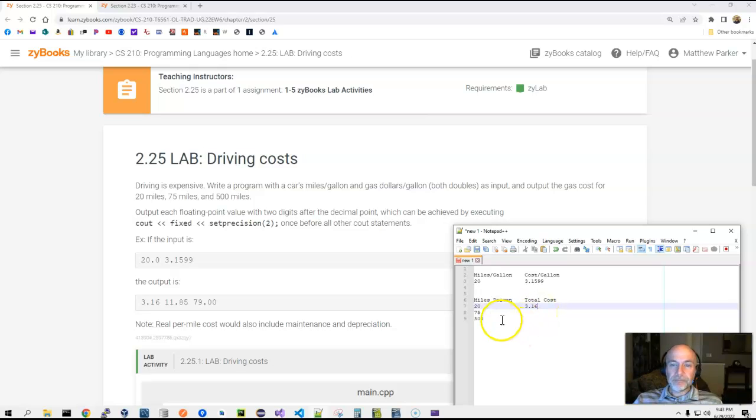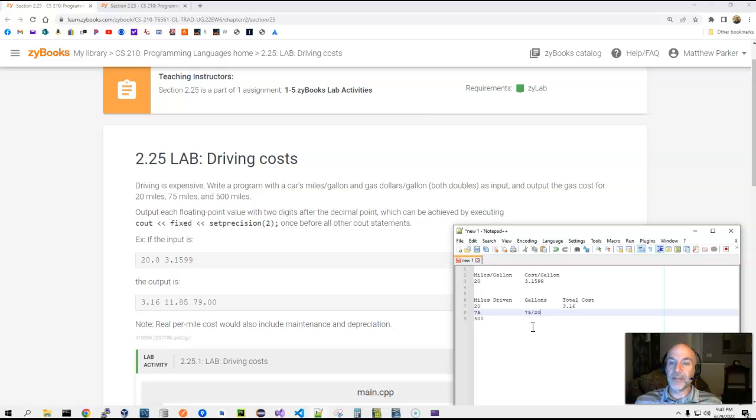Excuse me. So if we drove 75 miles, something we need to consider as we calculate things is that before we get the total cost, we need the gallons needed. To get that, it's the miles that we drove divided by miles per gallon.